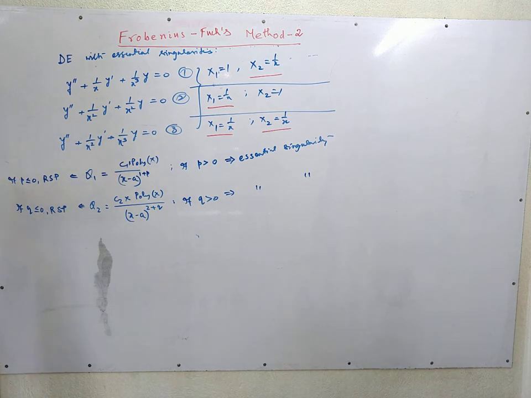So that's all about the singularity analysis related to the Frobenius-Fuchs method. In the next class, we shall discuss the form of the series solution and their justification, which is put forward by the first theorem of Frobenius and Fuchs, which depends on the type of singularity under consideration.